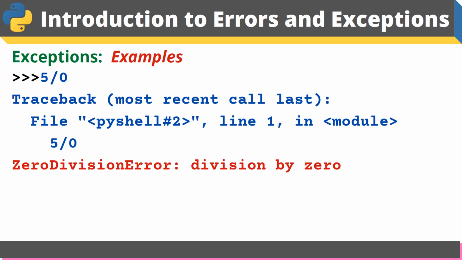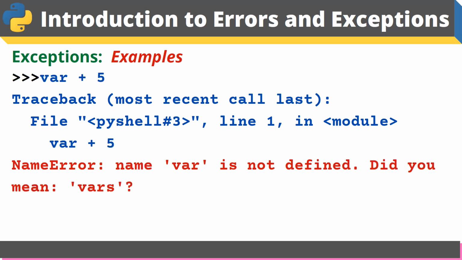So these are examples of exceptions. Suppose you give 5 divided by 0. It will simply display an error, that is ZeroDivisionError: division by zero. The exception here is division by zero. And if we give var + 5, and var has not been defined previously, it will display NameError: name 'var' is not defined.